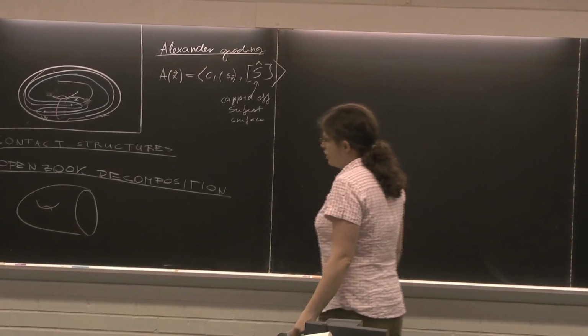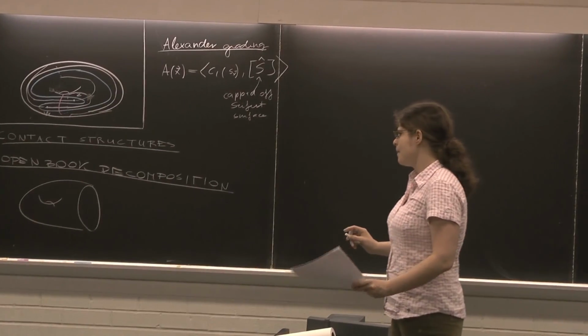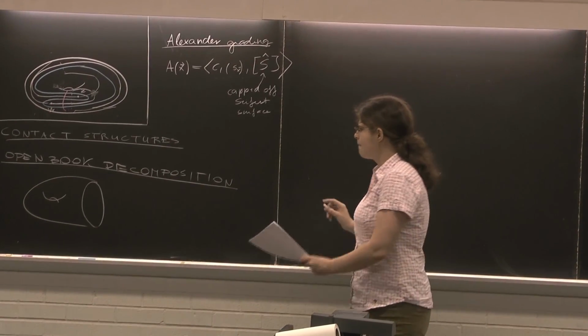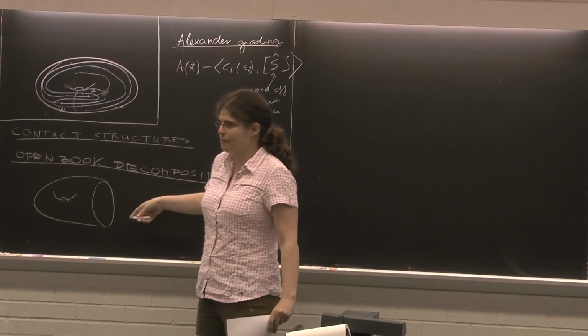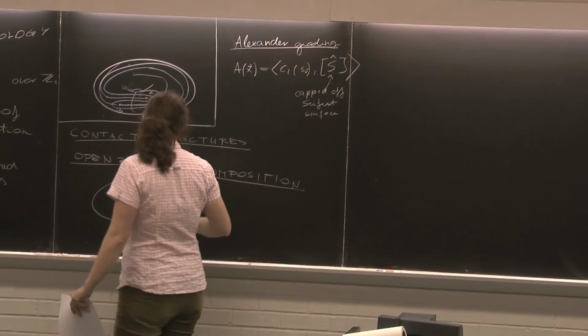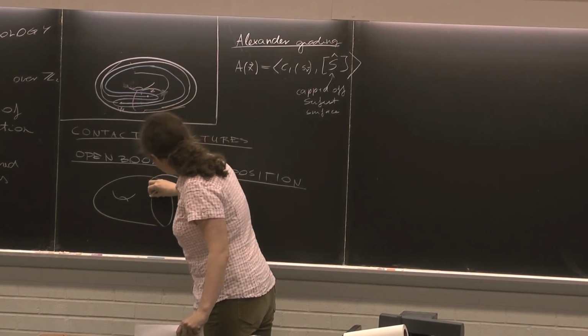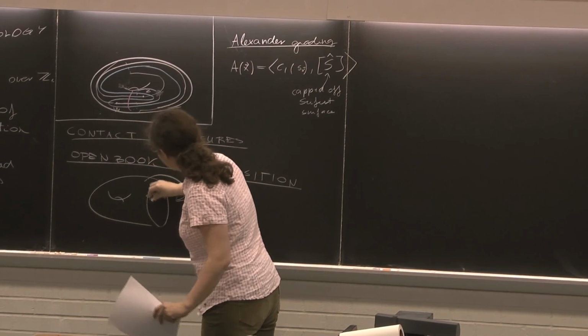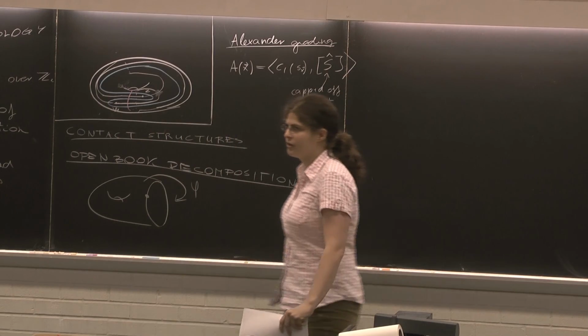And then I'm thinking of a three-manifold as a mapping torus of this surface with the monodromy map, and identify every point on the boundary, which is in this S1 family.